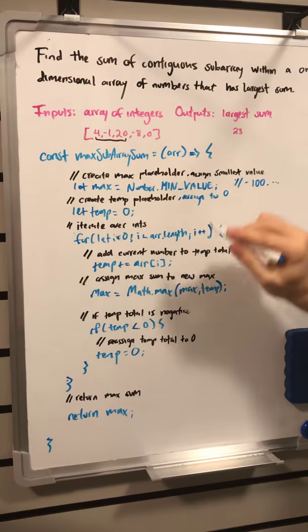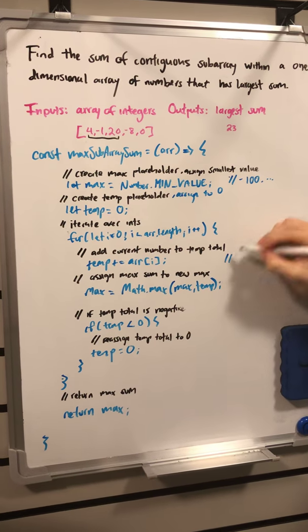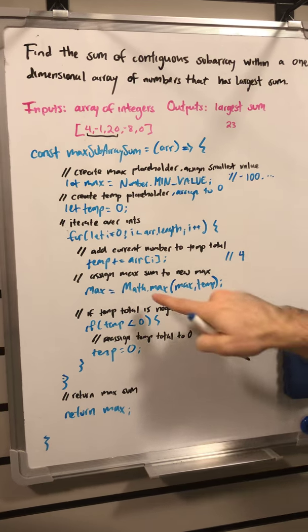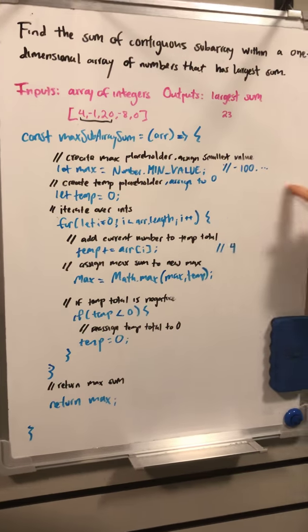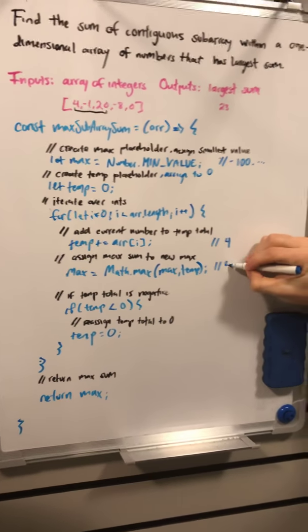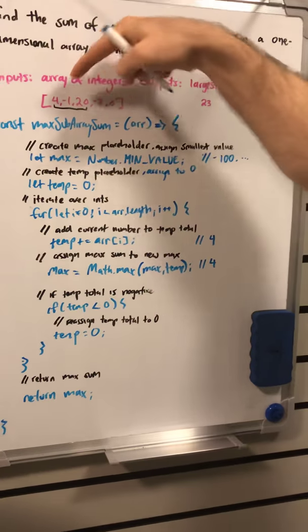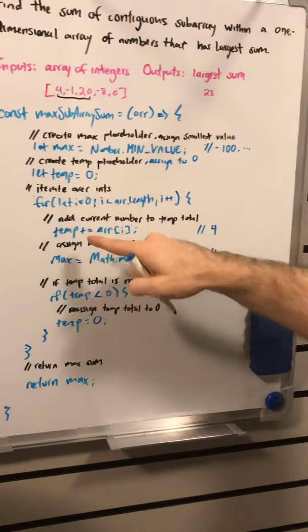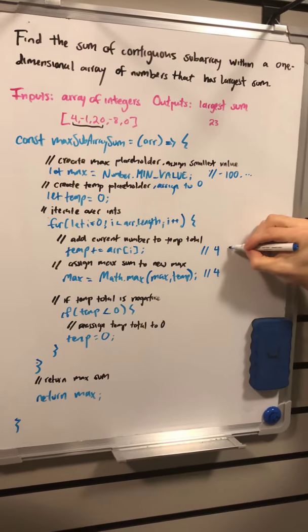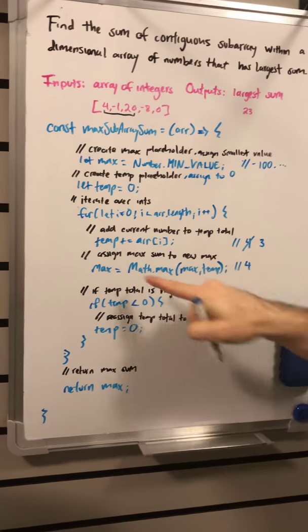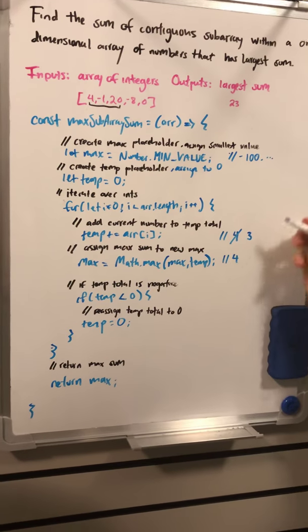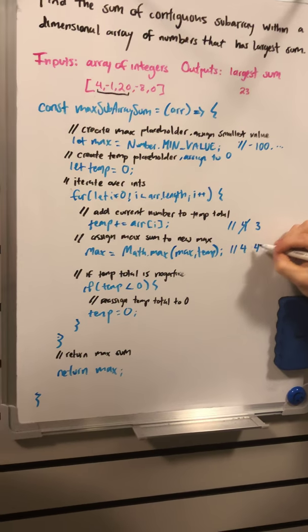When we're on 4, we add 4 to the temp, so the temp is currently 4. We have it between this big negative number and 4. The first max is 4. Temp is not negative, so then we go to the next one, which is -1. We add it to the temp, which now becomes 3. We choose between 3 and 4, and 4 wins out.